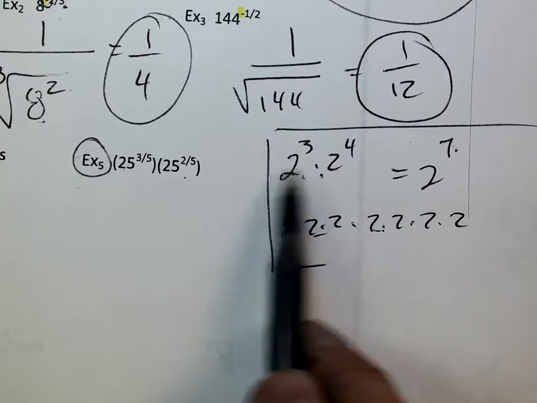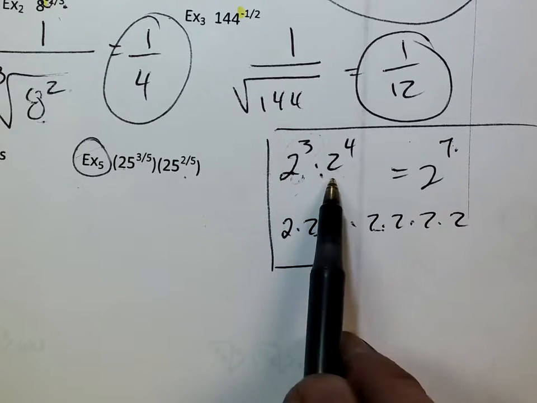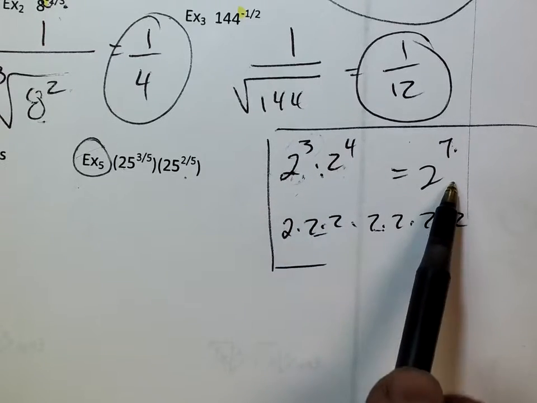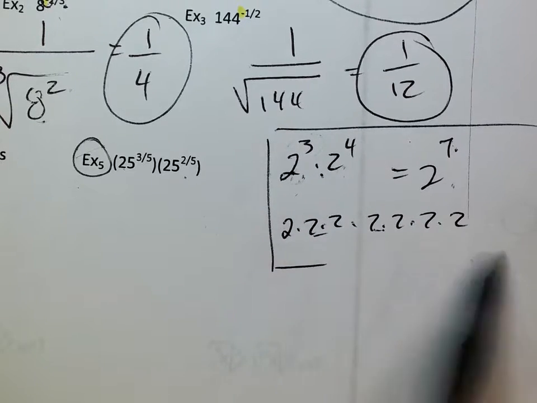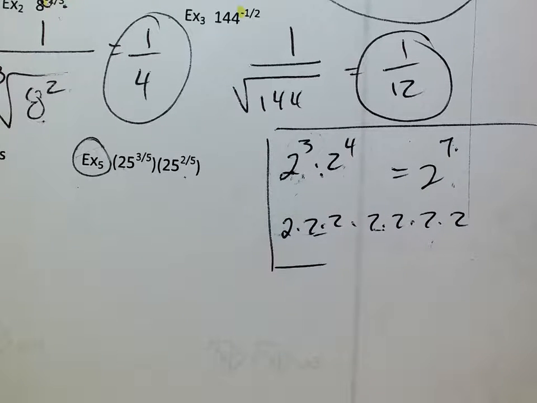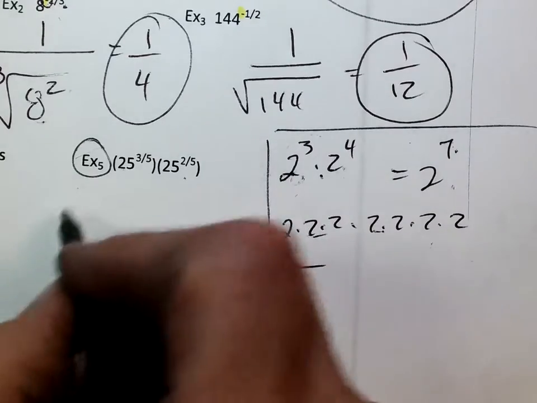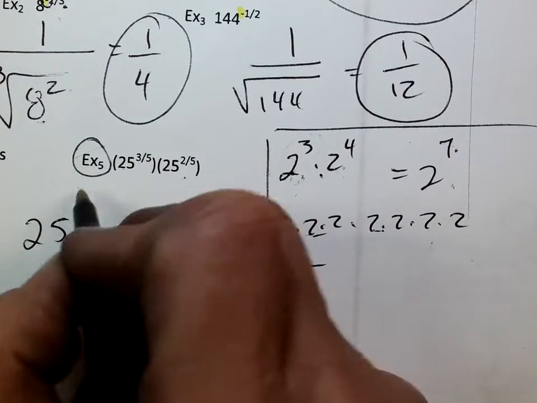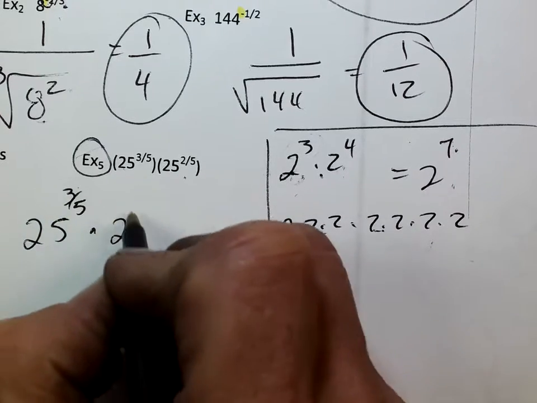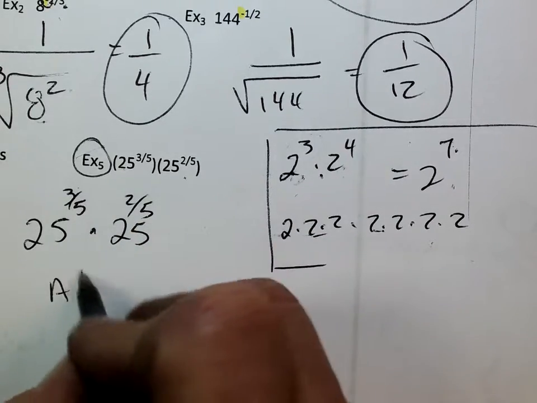Do not multiply the bases. They represent how many of these? There are 3 2's. There are 4 2's, makes a total of 7 2's. I mean, you wouldn't make it 4. There are no 4's in this problem, right? Do not multiply. So going back to example 5, what we're really going to do is we're going to add exponents. Because if you have 25 to the 3/5, and you're going to multiply it times 25 to the 2/5, you're going to add fractions.